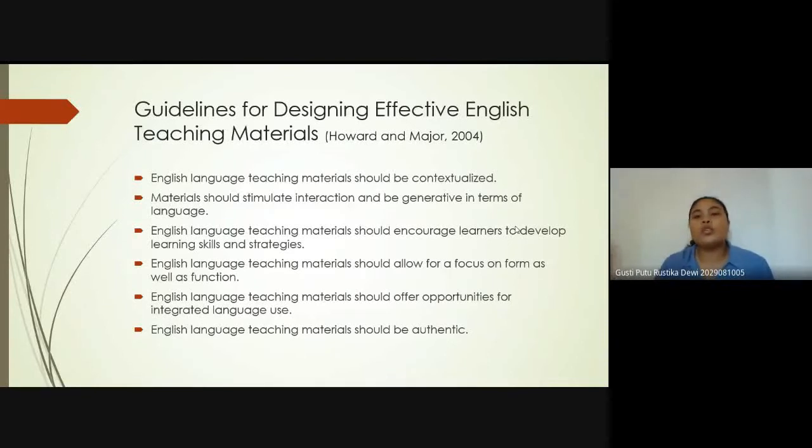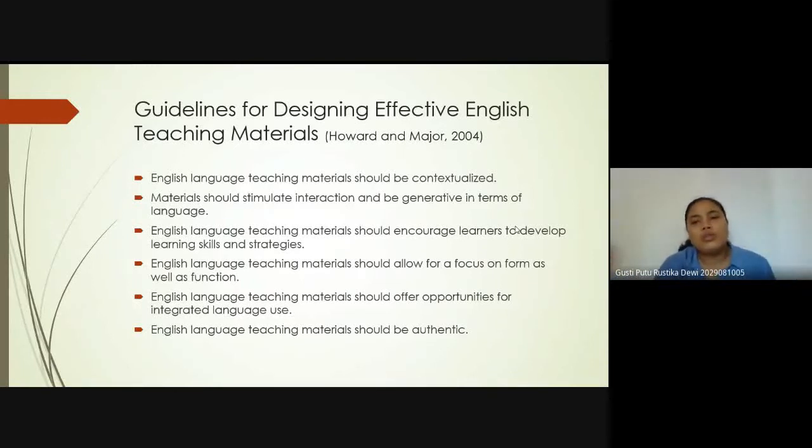So it's supposed to be in frame of the learning objective in the curriculum. And also it's supposed to be contextualized to the experience, realities, and students' first language. So the teaching materials should be able to connect something that the students already know in their first language and culture to the new language, or to the target language.